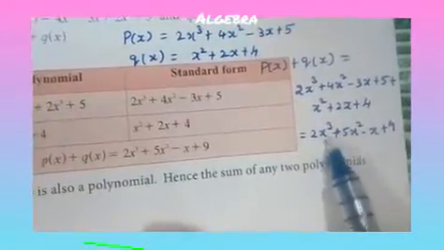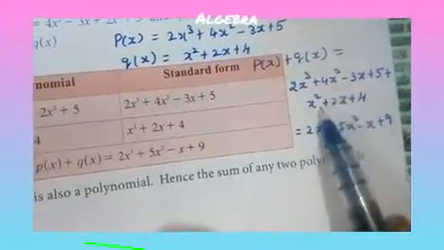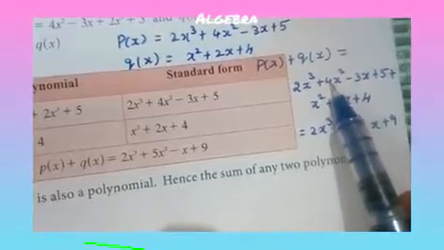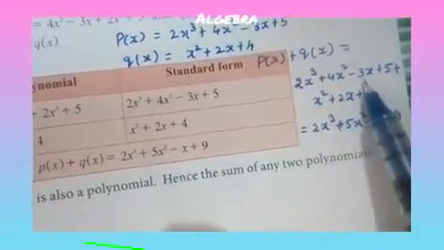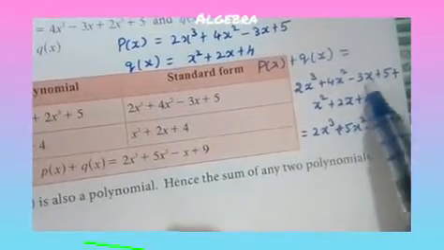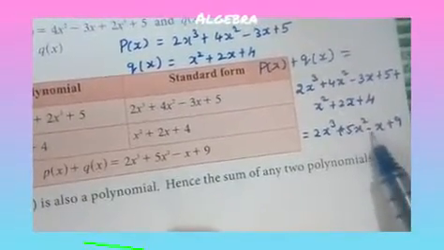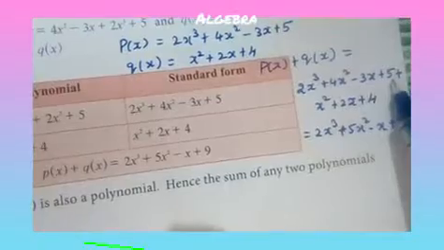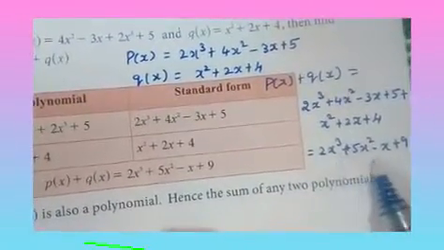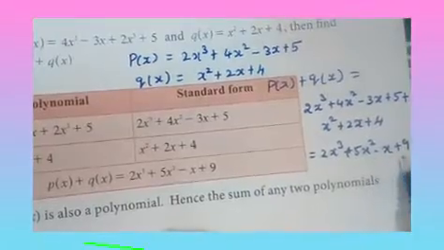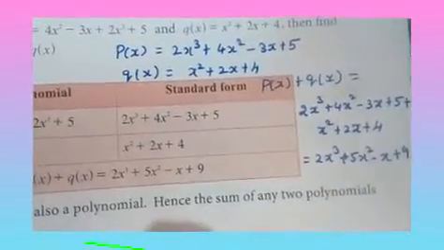No, so just write it. Then 4x^2, here x^2 is there, so add the same signs: 4 plus 1, 5x^2. For x, minus 3 plus 2, the answer is minus 1, so minus x. Now add 5 plus 4, 9. So the answer is 2x^3 + 5x^2 − x + 9.